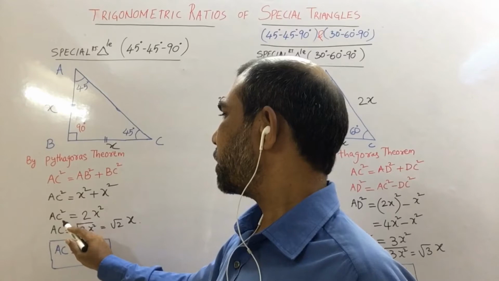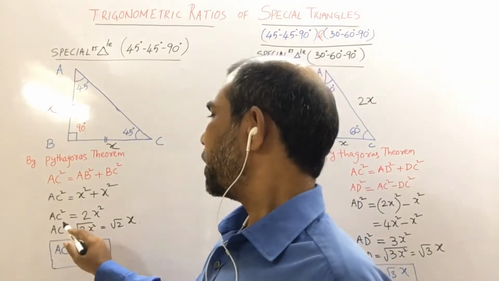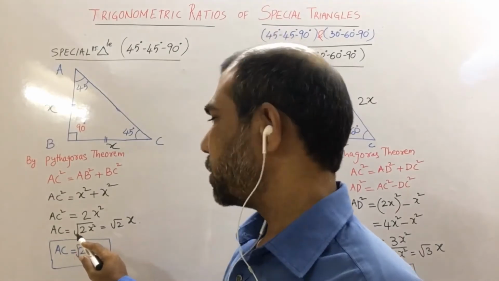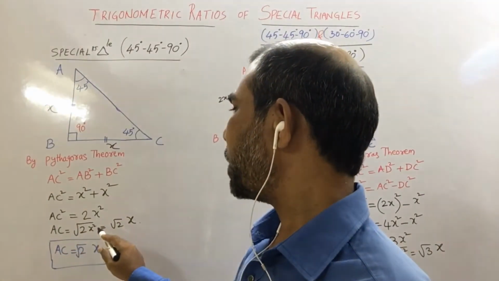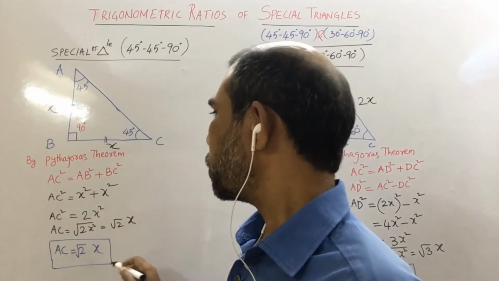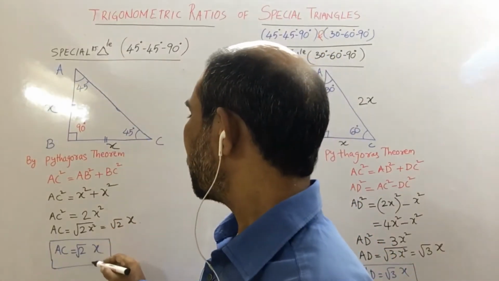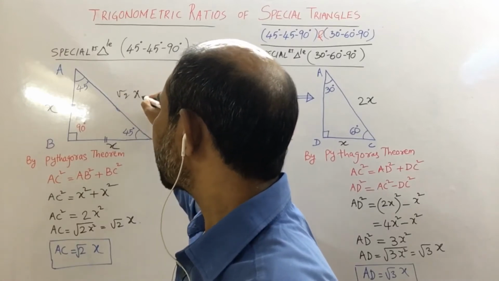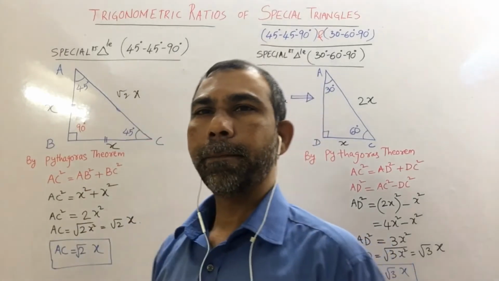In order to get the AC value, we need to take the square root. Square root of 2x square is square root 2 times x. So, the hypotenuse AC we get as square root of 2 x units.